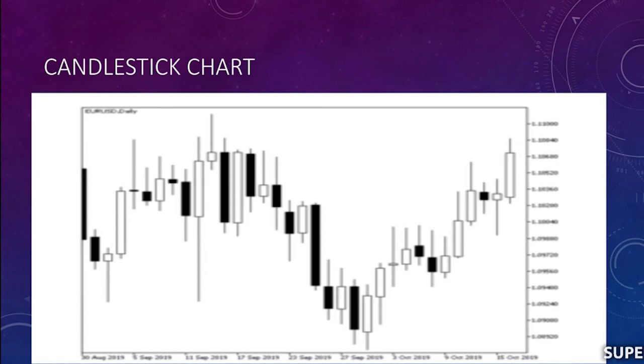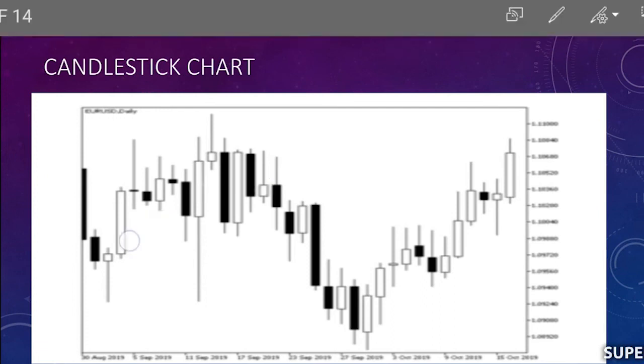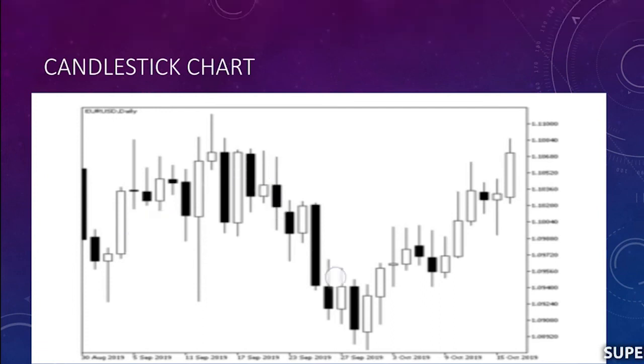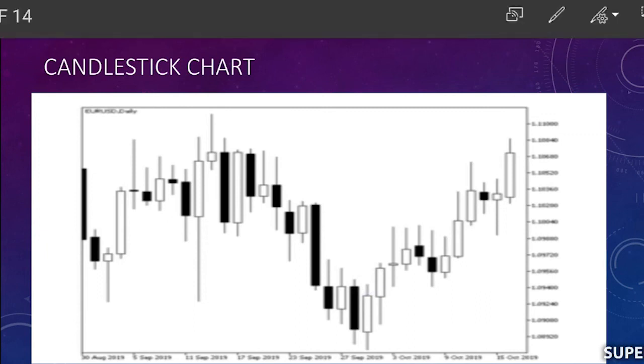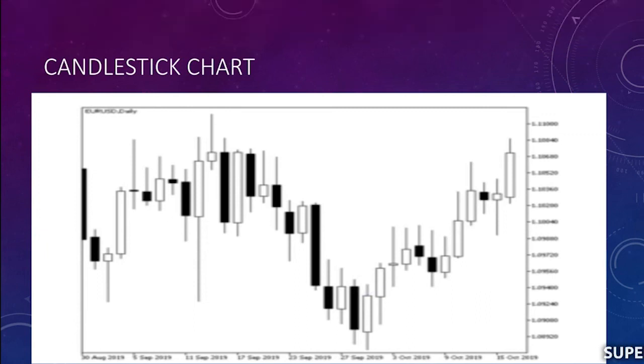Looking at this graph, you can understand that there is an overall increasing tendency in the price, then the price decreased, and again the price increased. We can identify each day's price variations by looking at the color of the real body as well as the length of the upper and lower shadows.